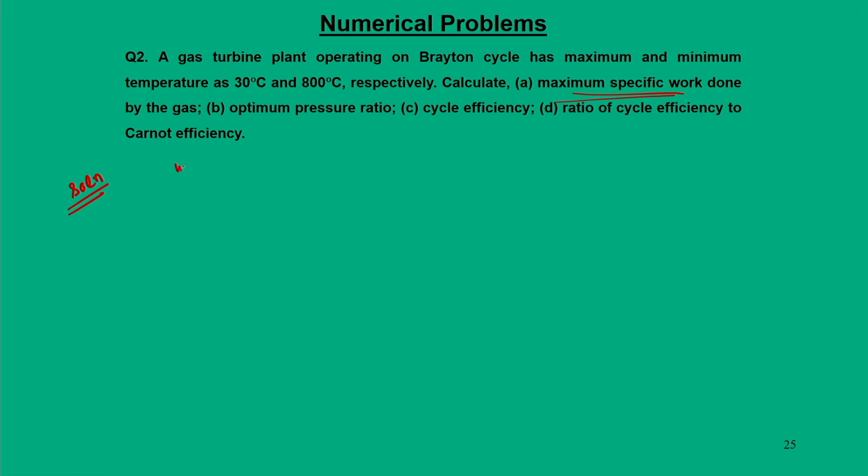So, W by Cp T1 maximum is possible when we can write it as a function of only the temperature ratio, 1 minus 1 by square root of T, minus square root of T minus 1, where T is nothing but T3 by T1, and T3 by T1 means 800 plus 273 divided by 30 plus 273. So, this number is 3.54.